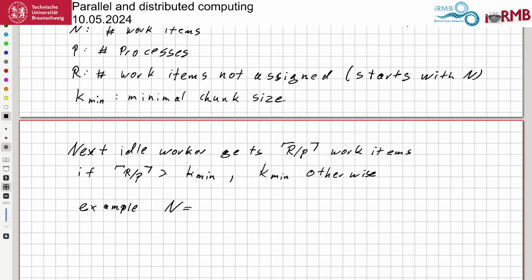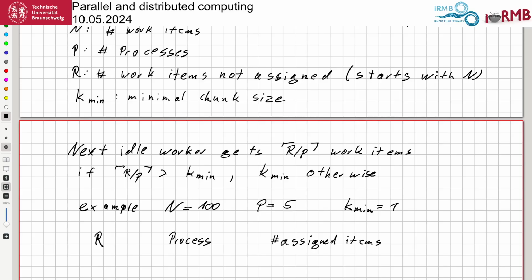Example, so say we have 100 work items and we have 5 processors. And say we have a k-min of 1. Let's have a table. So there is the remaining work to be done, which is called R. Then there is the process that gets something assigned, and then there is the number of assigned items.